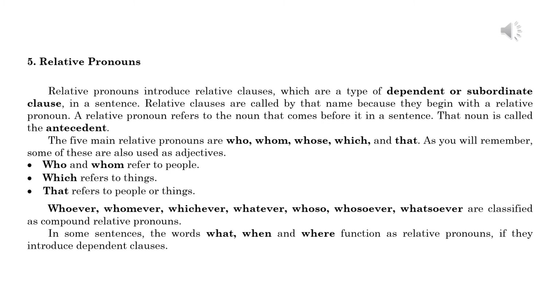Whoever, whomever, whichever, whatever, whoso, whosoever, whatsoever are classified as compound relative pronouns. In some sentences, the words what, when, and where function as relative pronouns if they introduce dependent clauses.